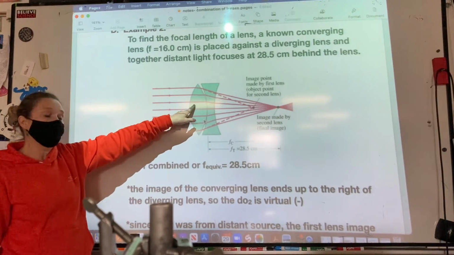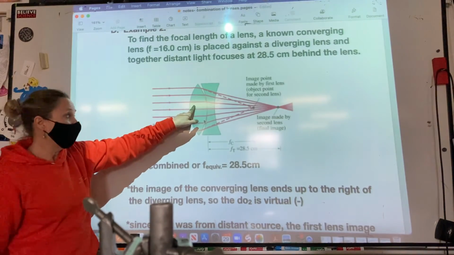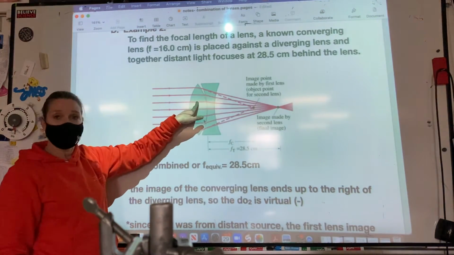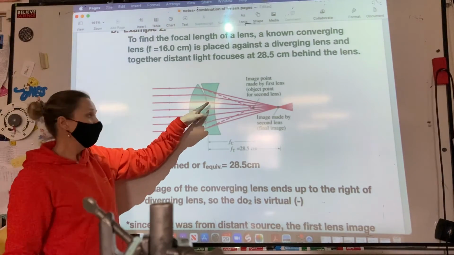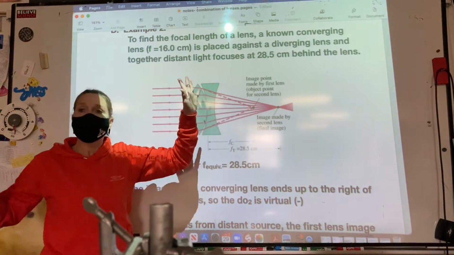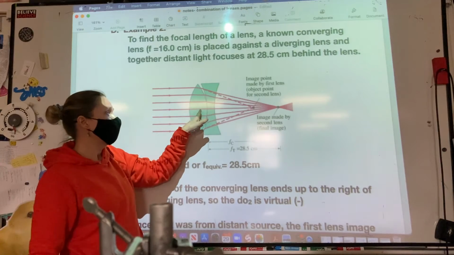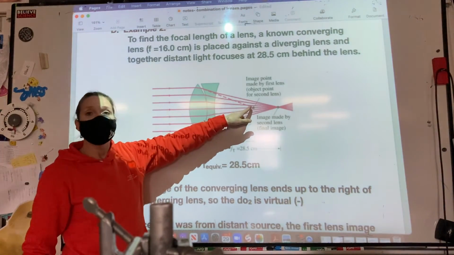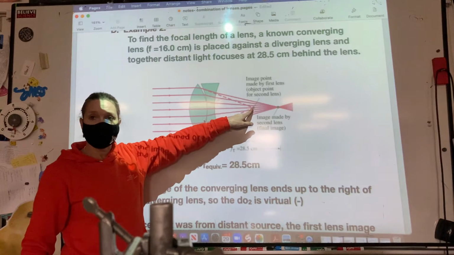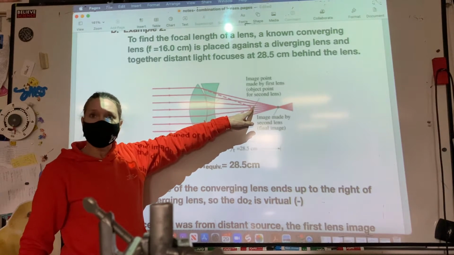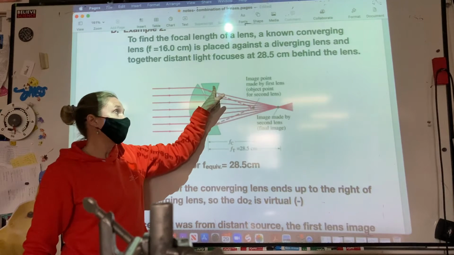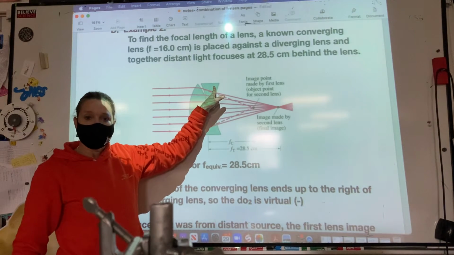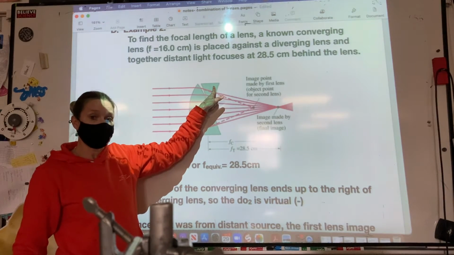Tell me where the image is going to be of this one if it's from parallel rays. The focal point. Right, so we right away know that whatever the focal length of this lens, that is where the DO is for this lens. So we just simplified this whole process.